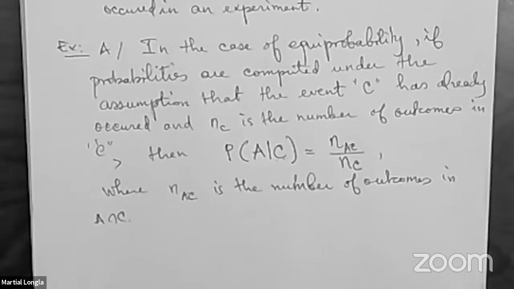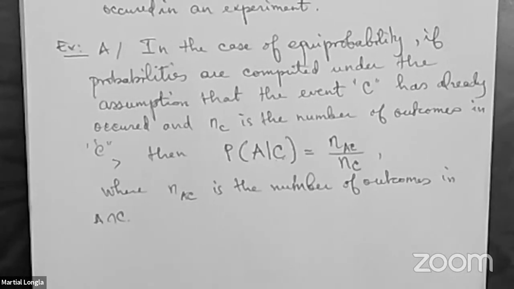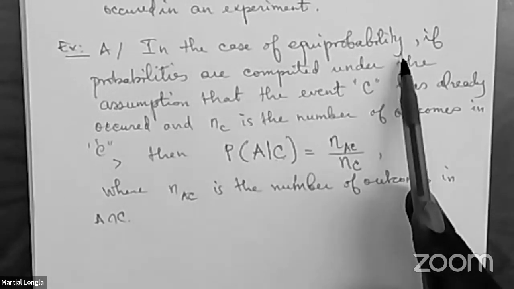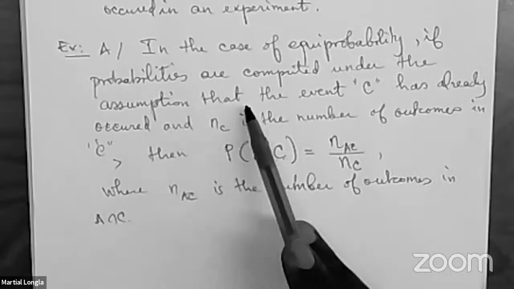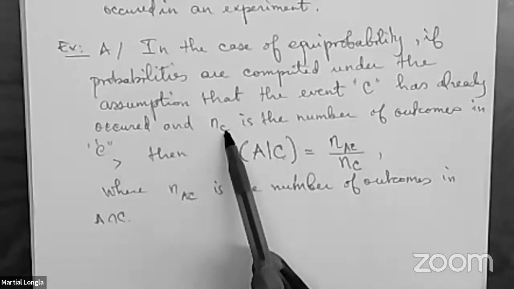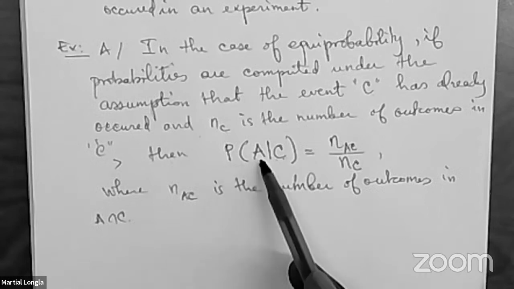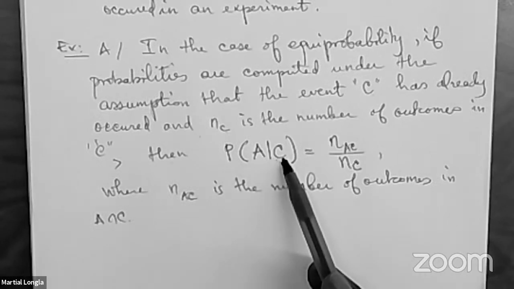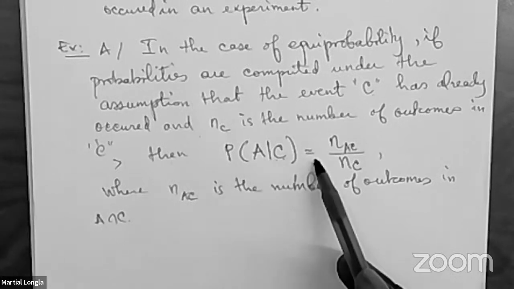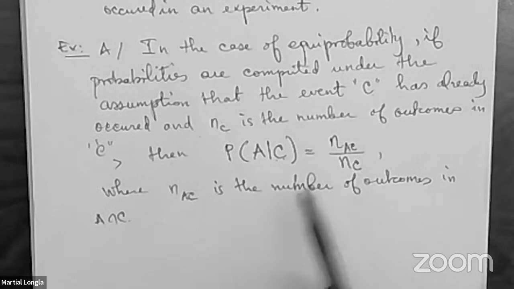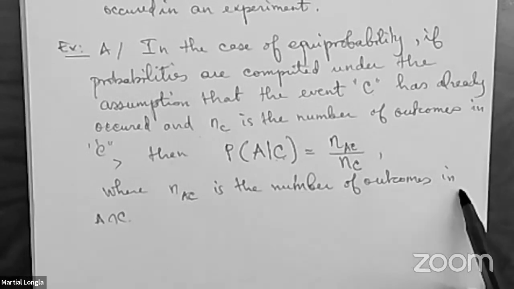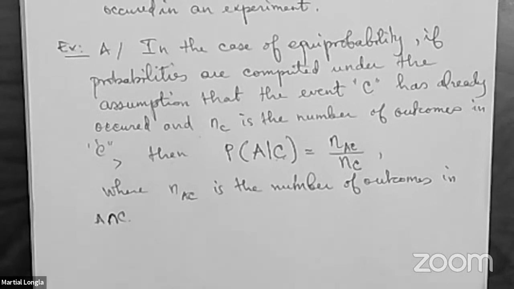So again, let me go back. In the case of equiprobability, if probabilities are computed under the assumption that the event C has already occurred and NC is the number of outcomes in C, then the probability of any event A given C, so the bar here means given, is equal to NAC over NC, where NAC is the number of outcomes in A and C, which means the number of outcomes that are both in the event C and in the event A, the intersection of the two events.